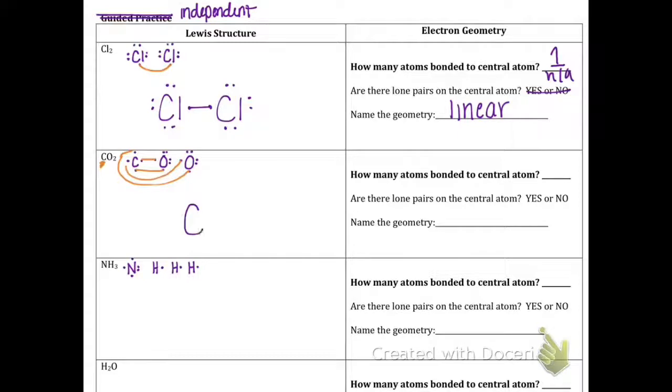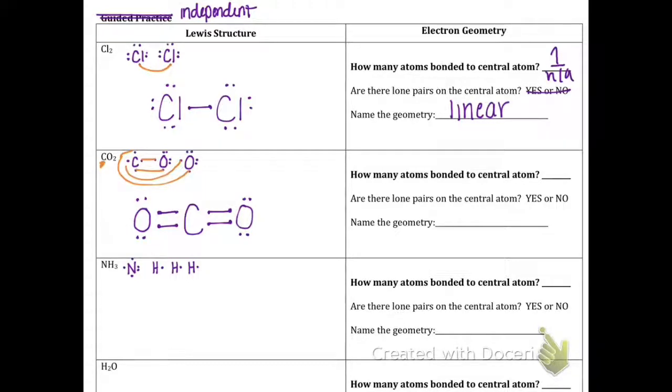Carbon in the middle, 2 here, 2 here, and it gets connected to our oxygen here, and it gets connected to our oxygen over here. Oxygen had some extra electrons, so I'm going to draw them. All right, now to answer the questions on the right.